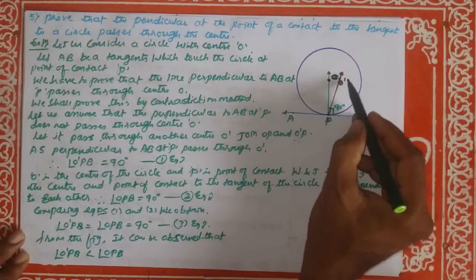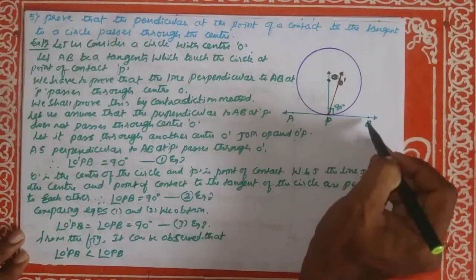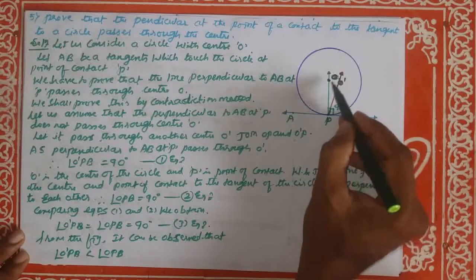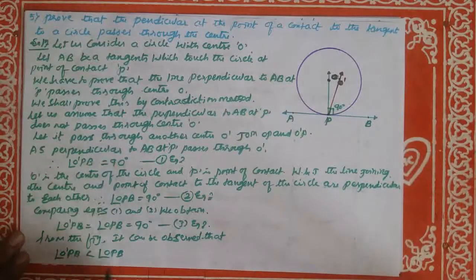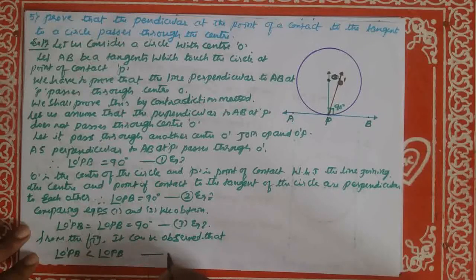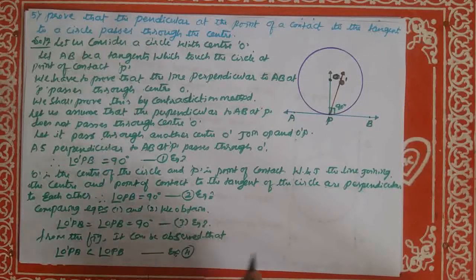Look at this figure. Angle O dash PB is less than angle OPB, which is less than 90 degrees. Take it as equation 4.